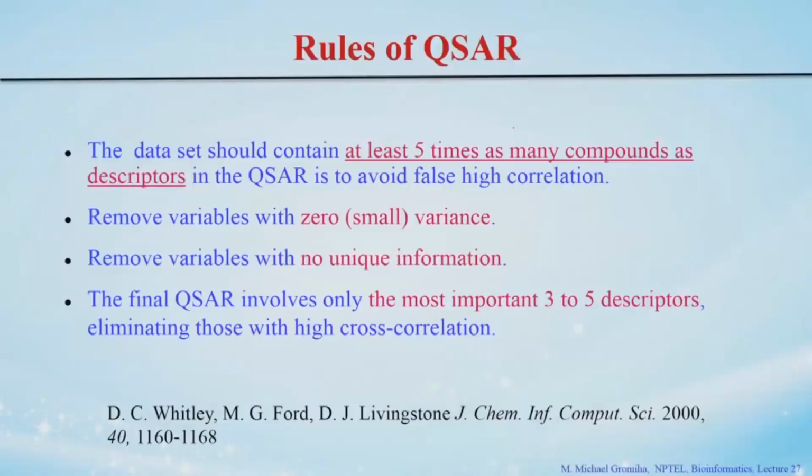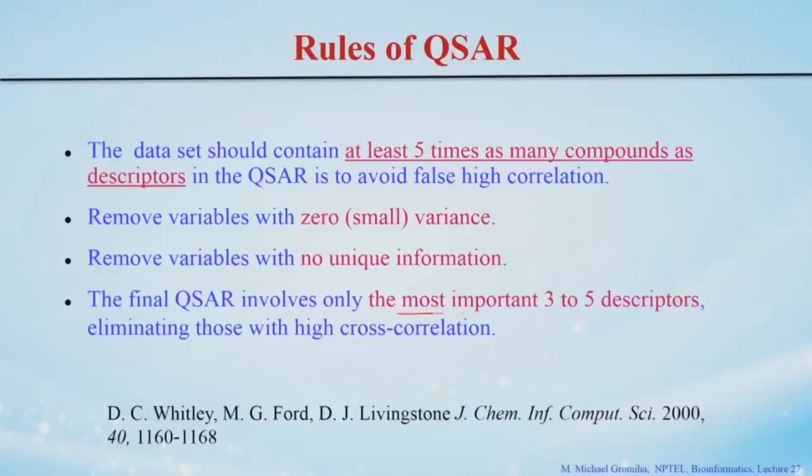Then you need to remove the variables with zero variance, and also remove the variables with no unique information. Sometimes we have features with no information or no relationship with the activities. In this case, we need to remove those variables, because it is not possible to explain why the specific feature is selected to relate to the biological activity.